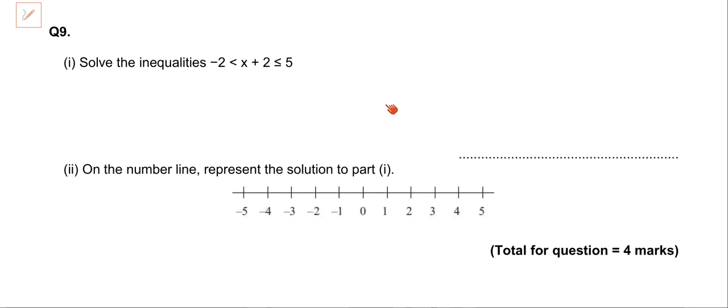So I got to this point, I thought, right, now's the time we'll start doing them together. So split it again, -2 less than or equal to x plus 2, and then x plus 2 less than or equal to 5. What do I do here? Subtract the 2, so I get -4 with x.